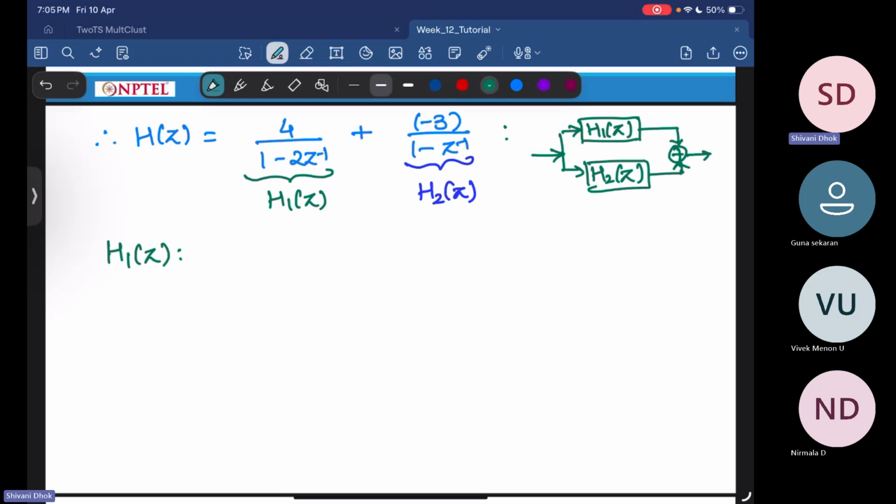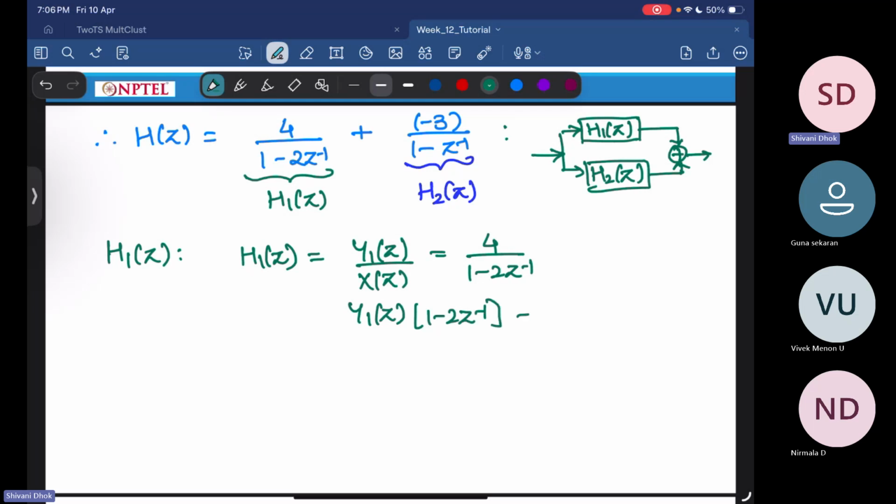So H1 of z, which is, let's say, Y1 of z. Note that both of them have the same input, X of z, which is equal to 4 upon 1 minus 2z inverse. So you have Y1 of z into 1 minus 2z inverse, which is equal to 4 into X of z.